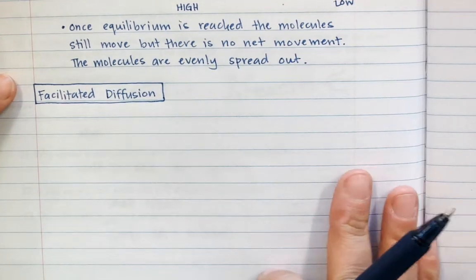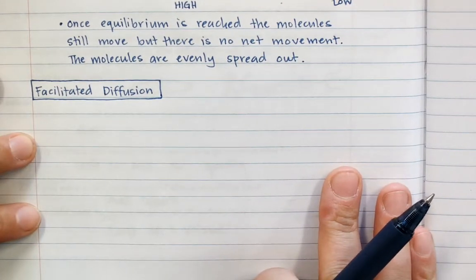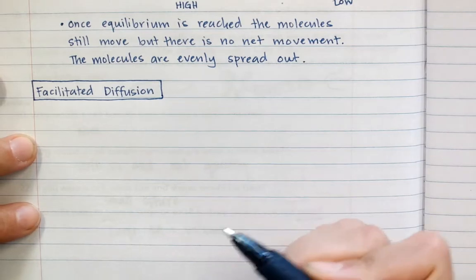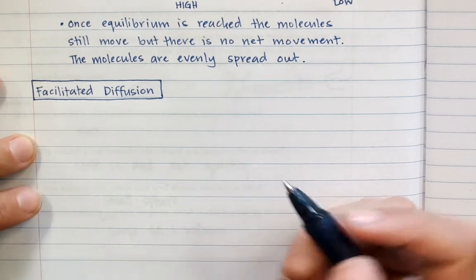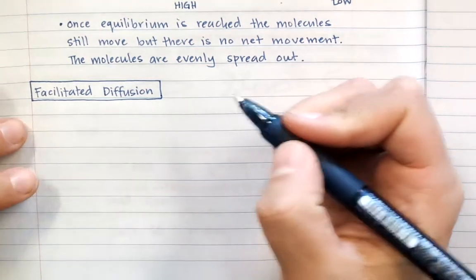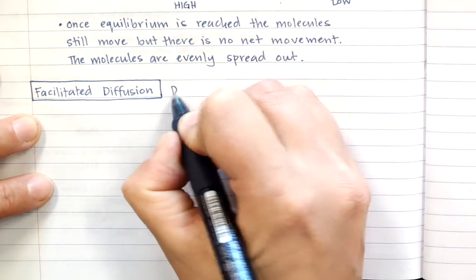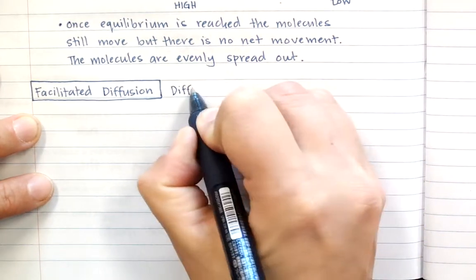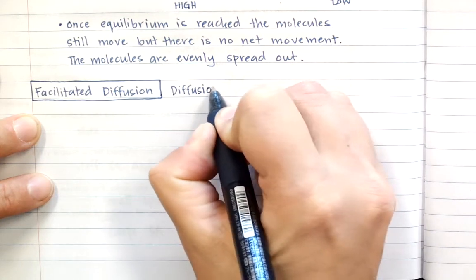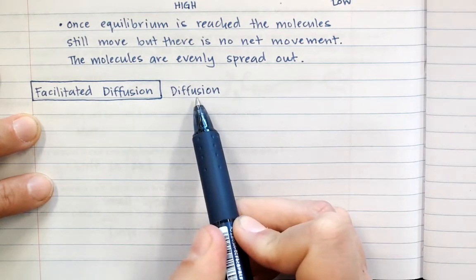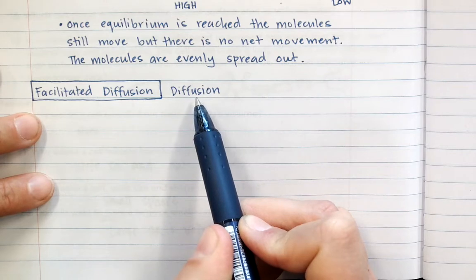Facilitated diffusion is only happening along the cell membrane. So it's either getting things into or out of the cell. And facilitated diffusion is when you have diffusion, so our molecules are moving from an area of high concentration to an area of low concentration.